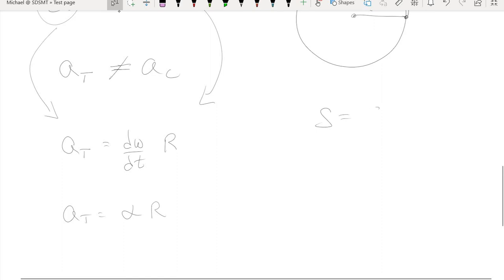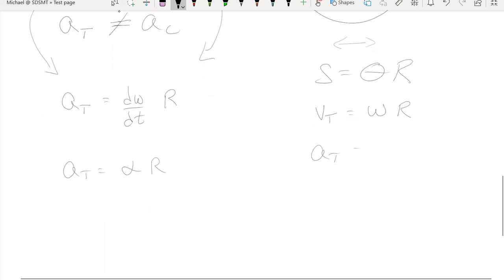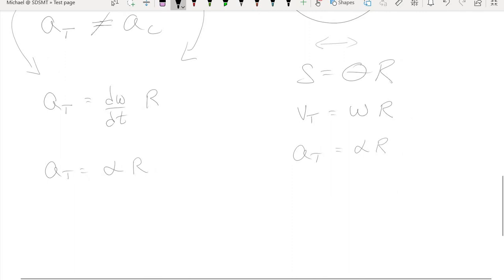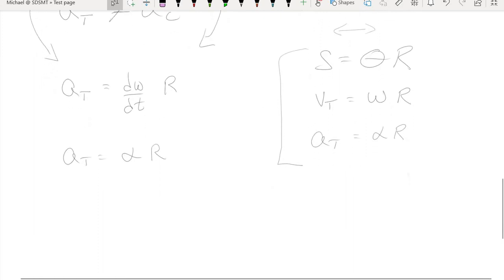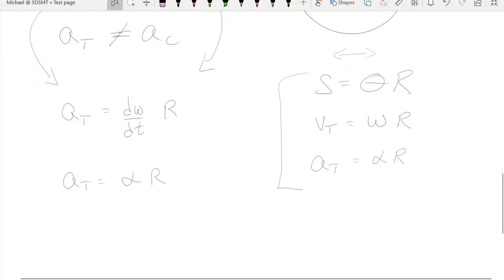So just to recap, starting with our arc length expression, we can convert back and forth between the linear and angular values of position. We can convert between the linear and angular values of velocity, and now we can convert back and forth between the linear and angular values of acceleration. This is a very powerful realization, because up until now, we have only ever worked with uniform circular motion.